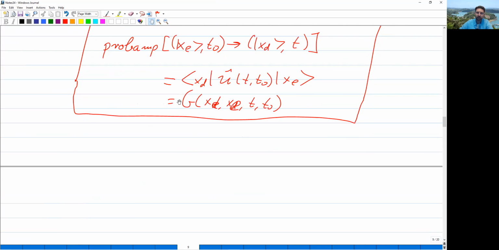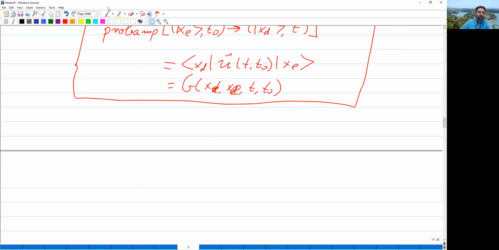What happens if we take an intermediate time? Choose an intermediate time, t naught smaller than t prime smaller than t again, just like before.